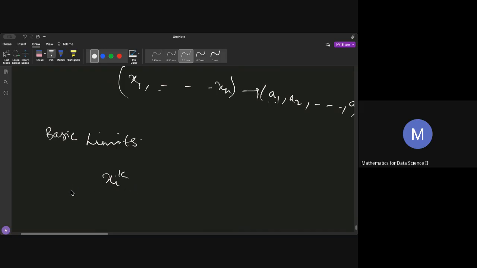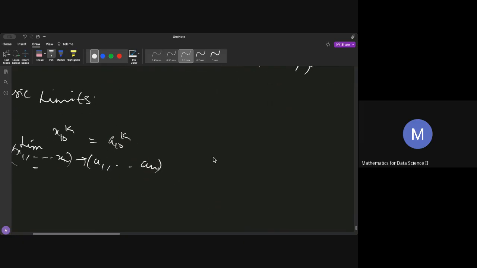Let's do the limit of this when x1 to xn approach a1 to an. Then the limit will be ai to the power k. That means, in particular, if I take x10 to the power k, it should be equal to a10 to the power k.